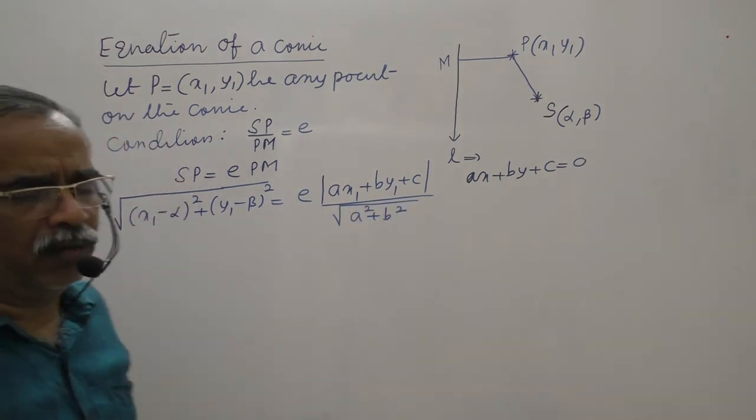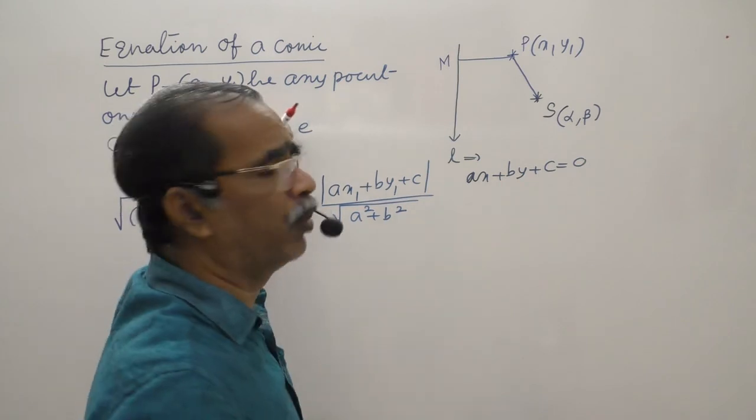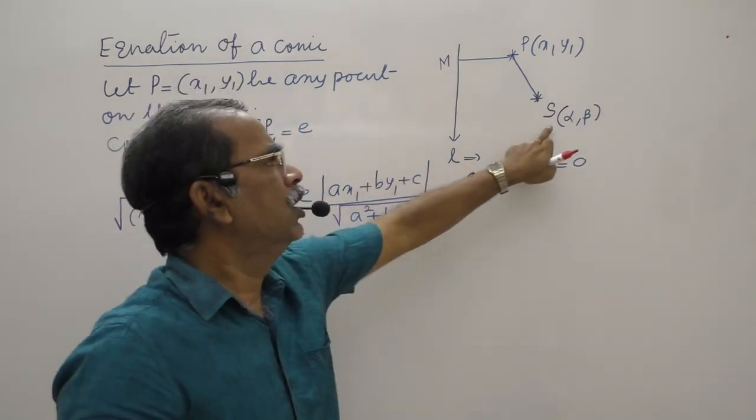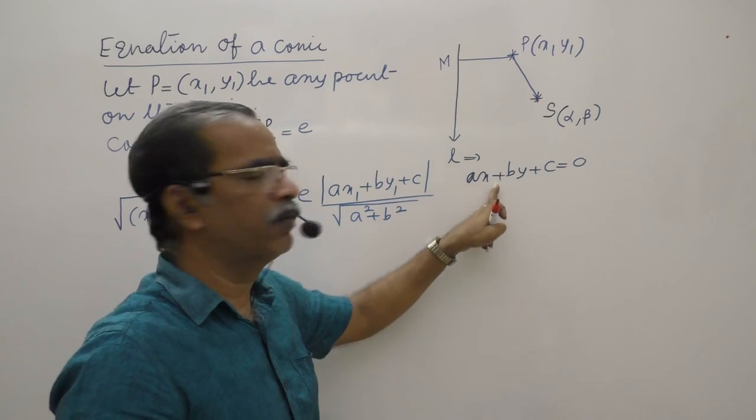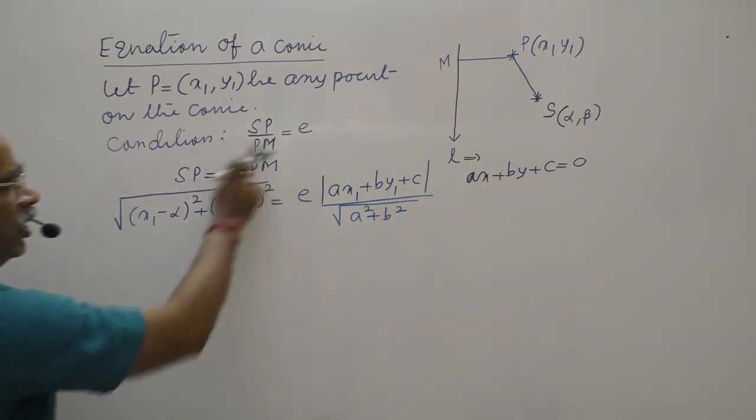So according to the definition, a conic is a locus. Therefore, I have taken a point on the locus. This is the fixed point, the focus, and the fixed line, the directrix, and we applied the condition.